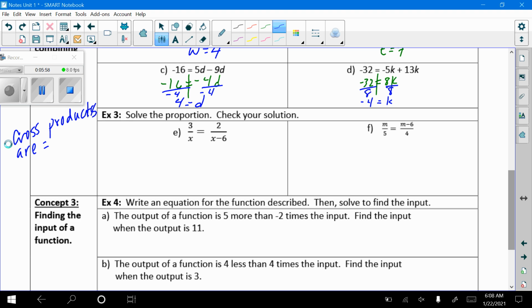So that's the first step that we're going to do. And with that, I'm going to do the 2 times the x, so that will give me 2x is equal to, and then 3 times, and it's this quantity because there are 2 terms here. So it's going to be 3 times x minus 6. The next thing we're going to do is distributive property.